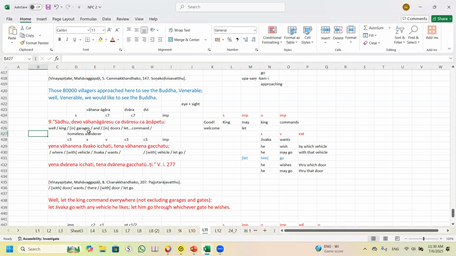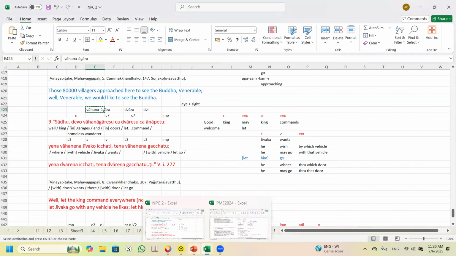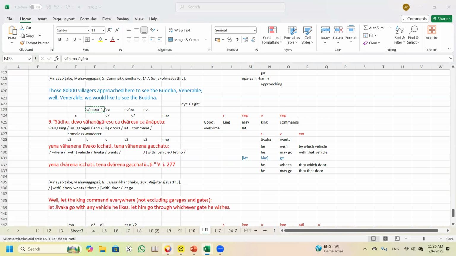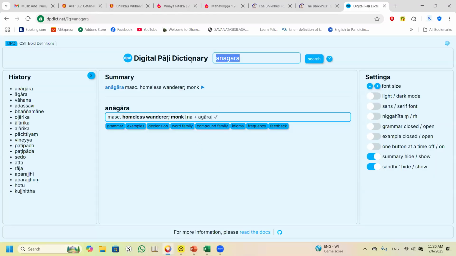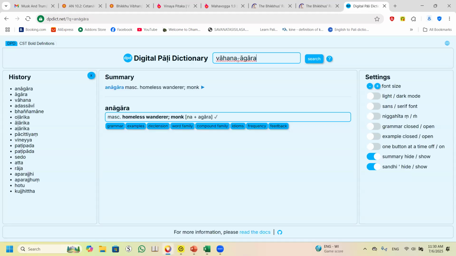I never saw carefully. Let me take the other word again. Vahana. Just now, what did I say about Vahana? Yeah, we check. Vehicle. I want to join the two together and see what it is.